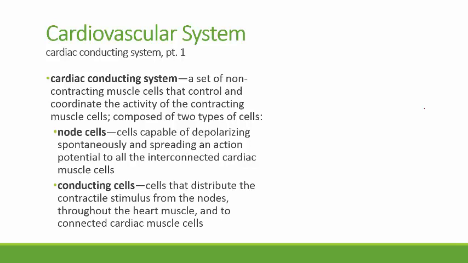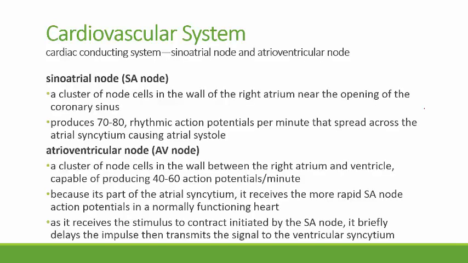To look ahead to see where we're going, we see two clusters of node cells. There's the sinoatrial node, atrial because it's located in the wall of the atrium, and sino because it's near the sinus, the coronary sinus, where venous blood from the coronary circulation of the heart returns back to the right atrium.